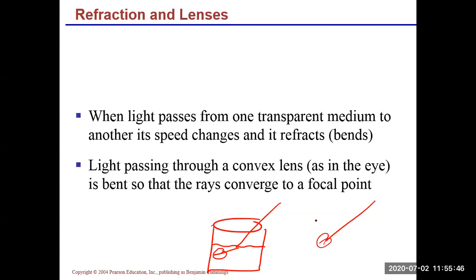So how did that happen? Again, when light goes from one medium to another, it bends. So a lot of times when the light reaches our focal point, or perhaps the rods, and mostly the cones, in order to see clearly, it must bend in the right way. Okay, so this is called refraction.